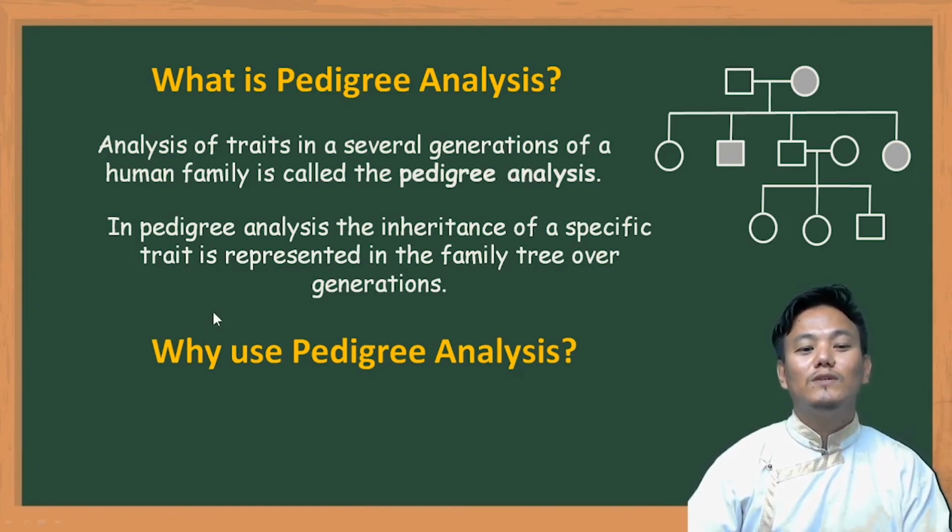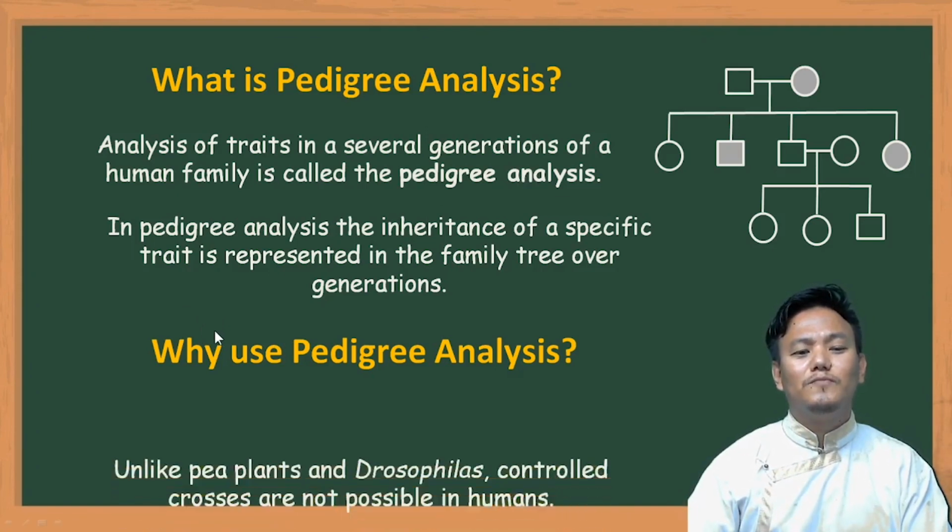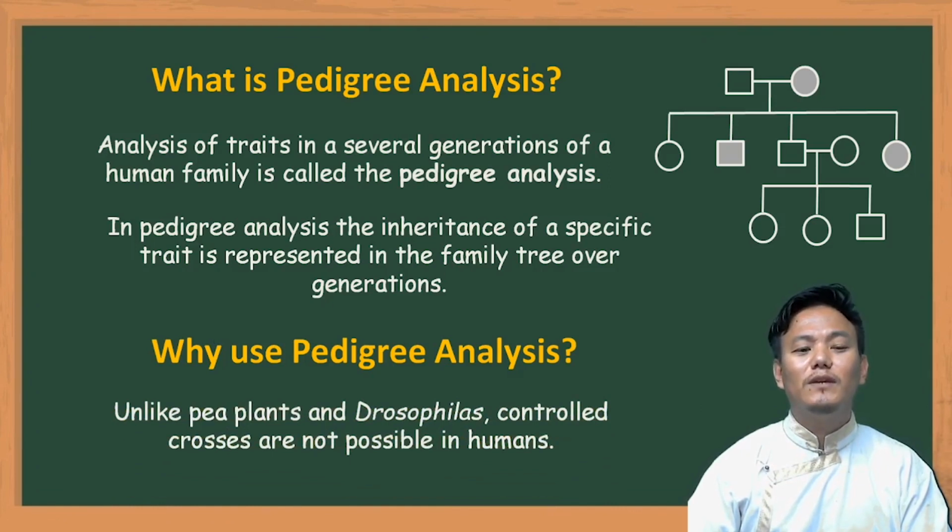So the next question is, why do we use pedigree analysis, and why especially for human beings? The simple answer is, unlike pea plants and Drosophila, controlled crosses are not possible in human beings. Pea plants were used by Gregor Mendel.